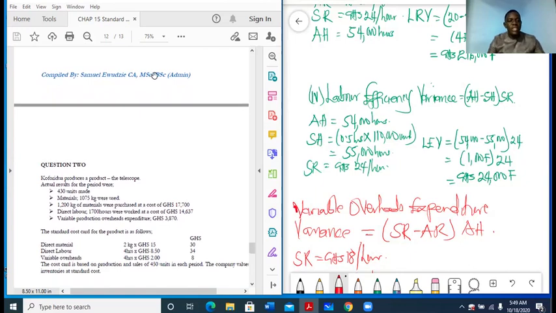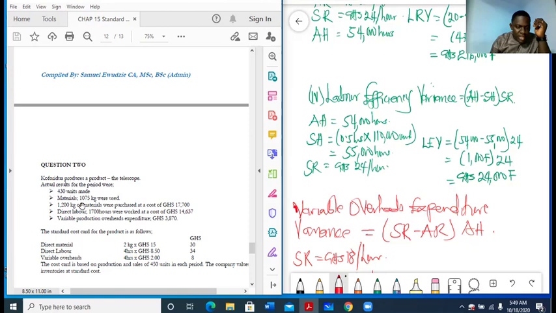Now we have Cophorobia, which produces a product, a telescope. The actual results for the period were 430 units made. So the production unit was 430.